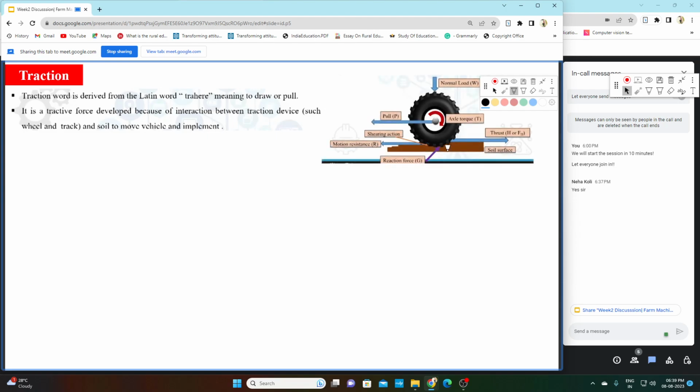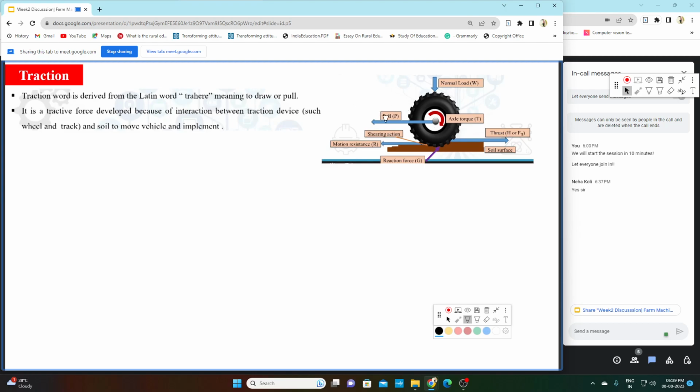So okay, let me move this. So you can see, this is your tire, this is the normal load that is acting on it, and when it moves, this tire will generate some torque. Now whenever it is generating some torque, it is generating it to pull an implement.